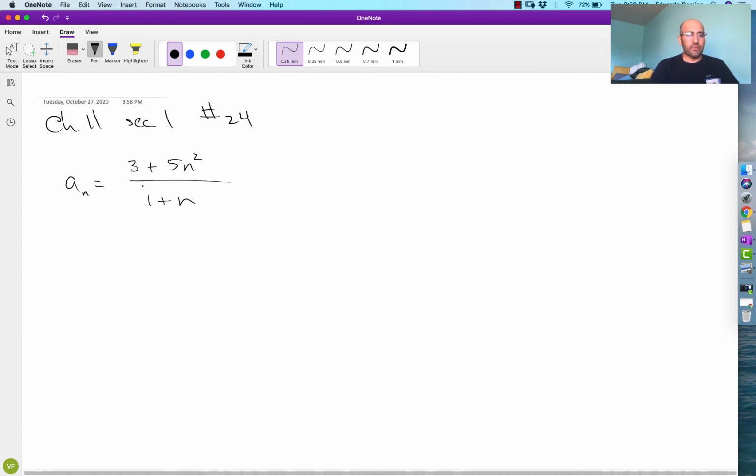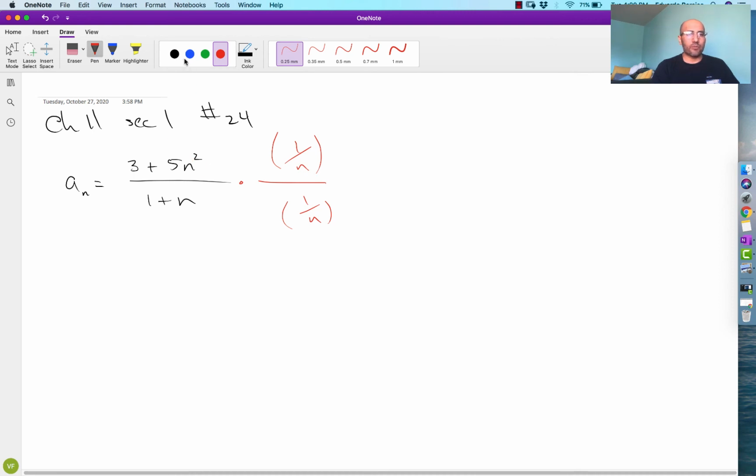Okay, so we have this sequence, and we want to know what happens as n goes to infinity. To do that, we can apply this little trick. I'm going to multiply the numerator and denominator by 1 over n, 1 over n.